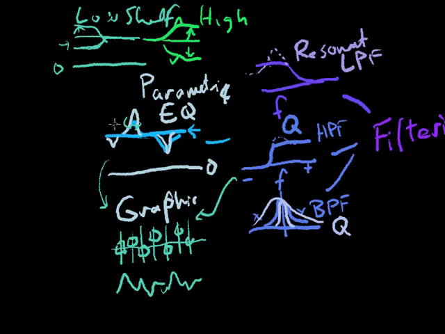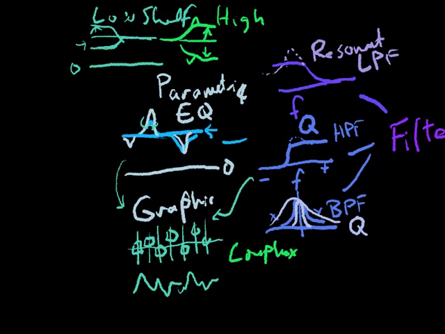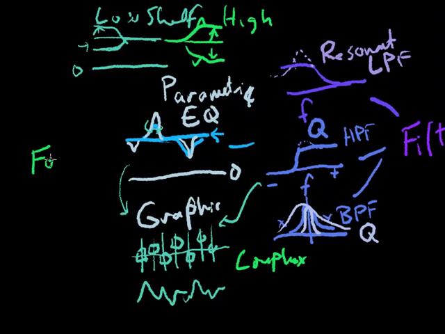Now the next thing we might look at, these get increasingly complex. There may be another type of filter that's more complex than these, and that could be what I might call a formant filter.